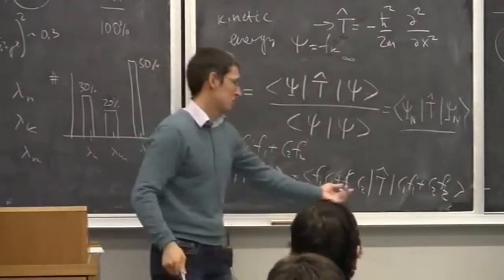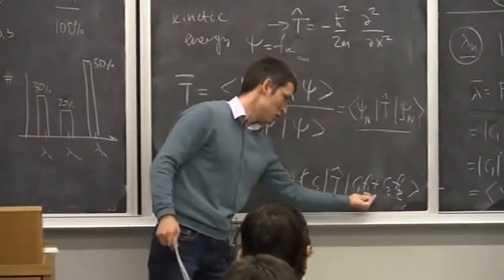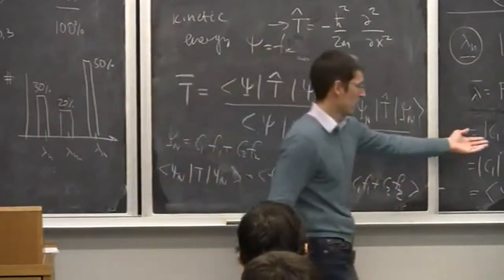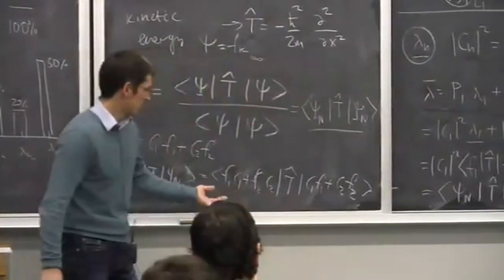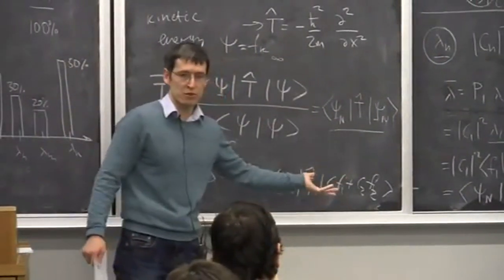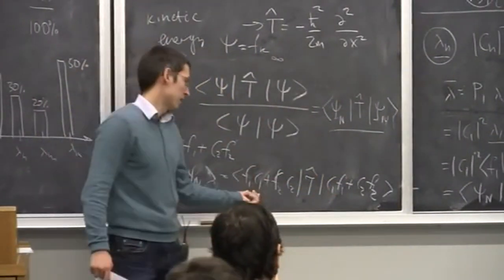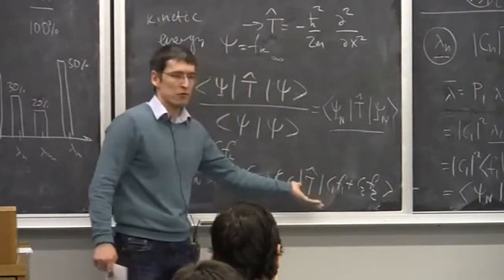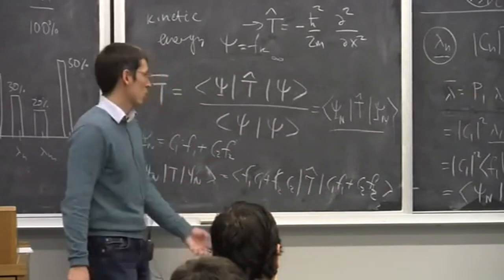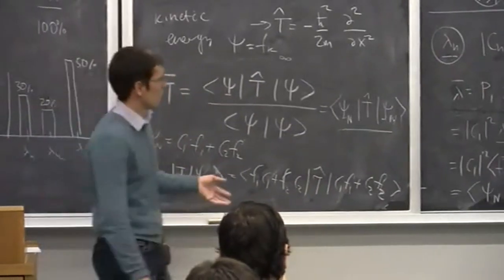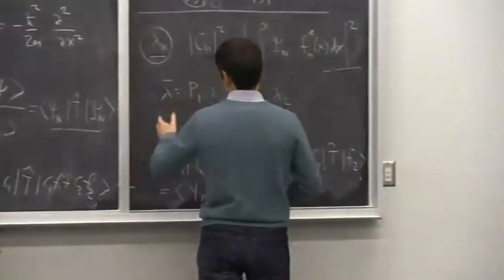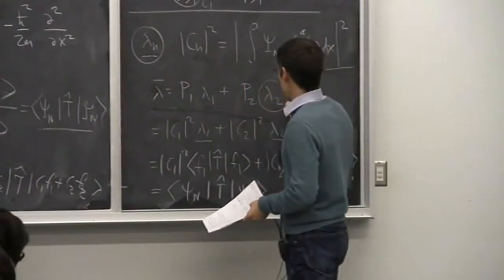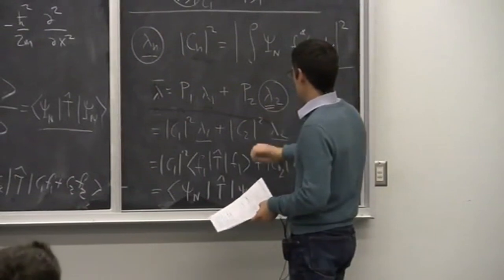Right, and then when T acts on each of these terms, it will produce corresponding lambdas, and the cross terms of f1, f2 will disappear because they are orthogonal, and the only two terms which will be left are f1, f1 and f2, f2.